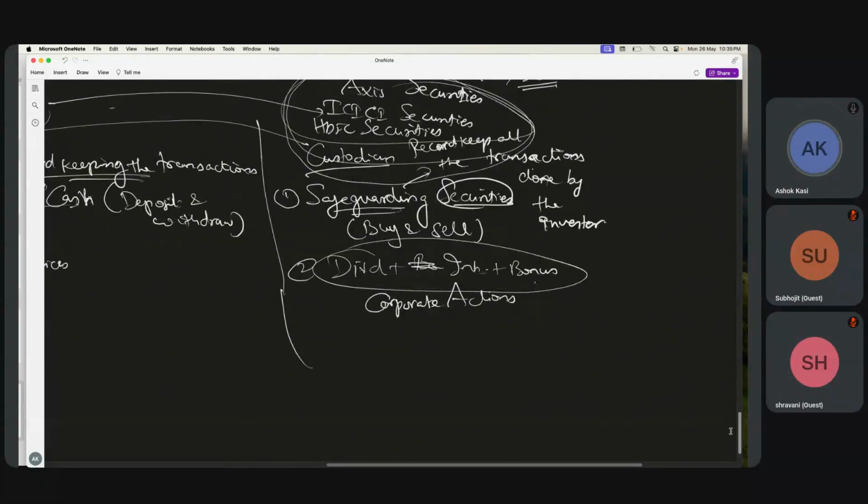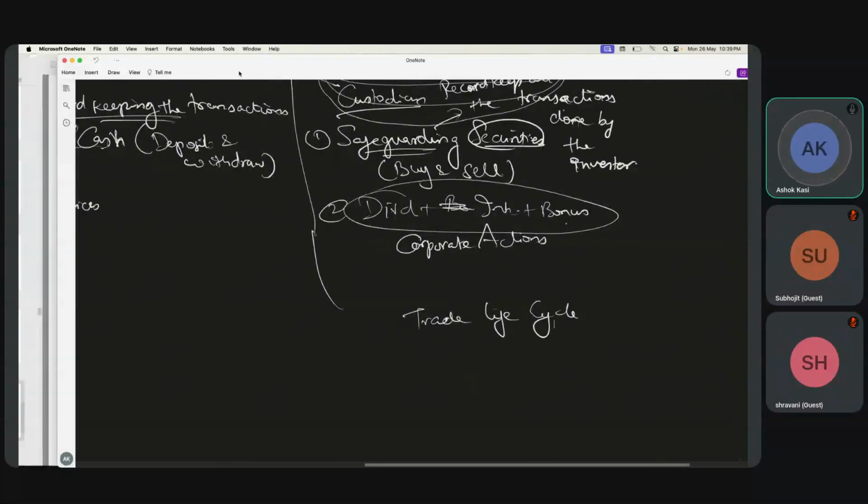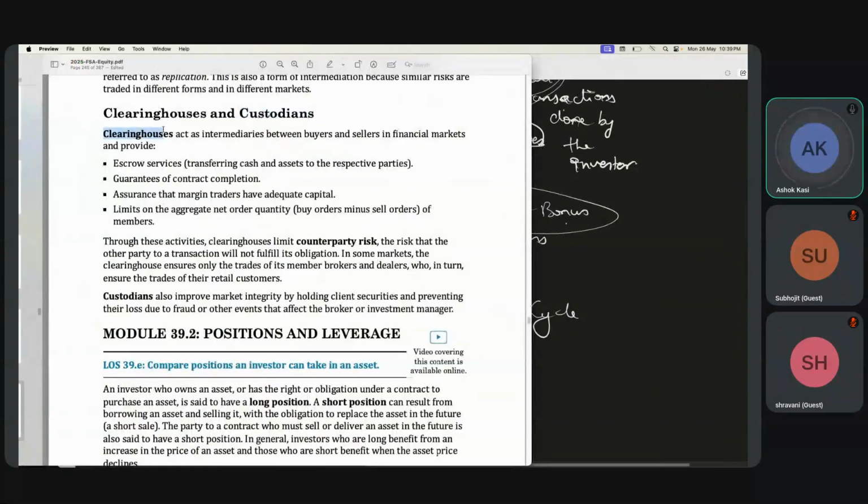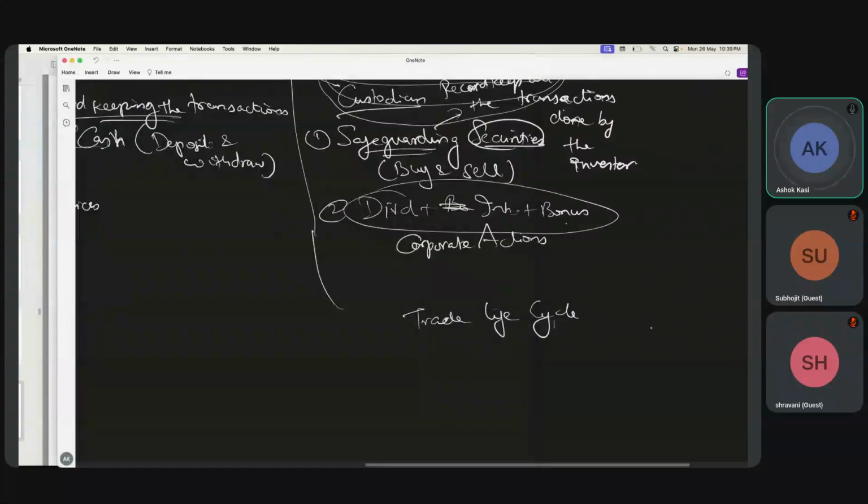Then there is one video that I made, trade life cycle. If you want, you may watch that also. That will elaborate highly on the custodian's work and clearinghouse also, but you don't require it for CFA.